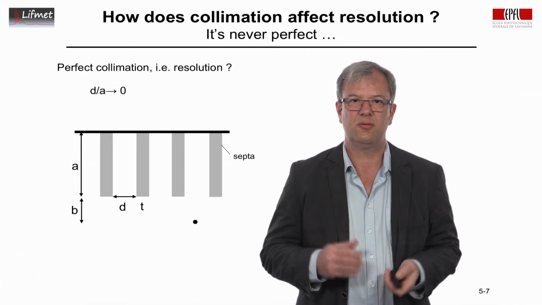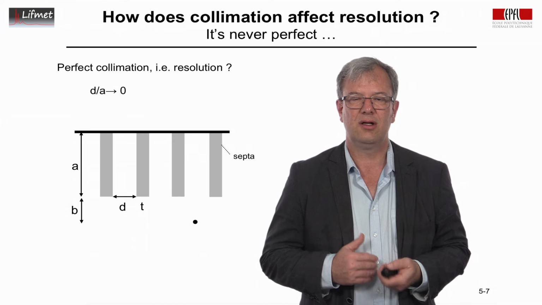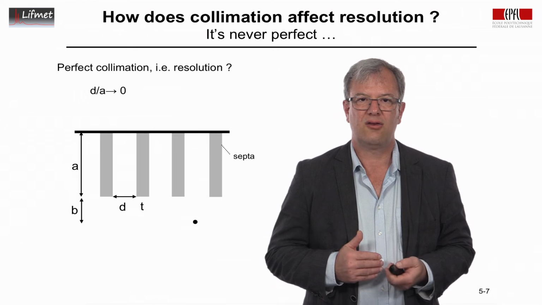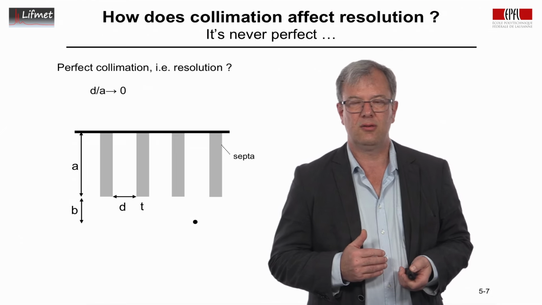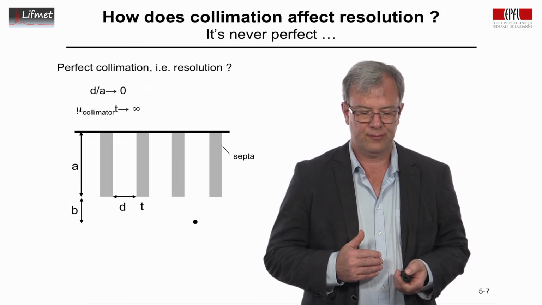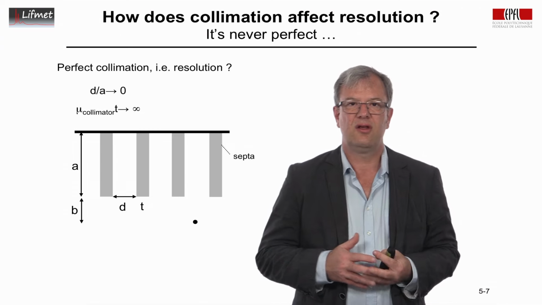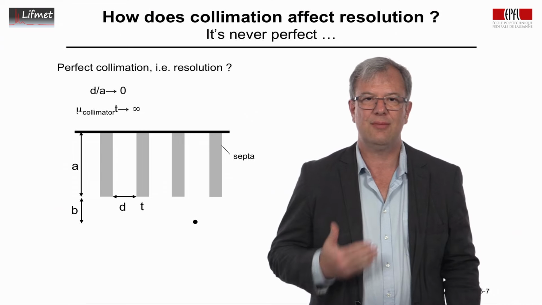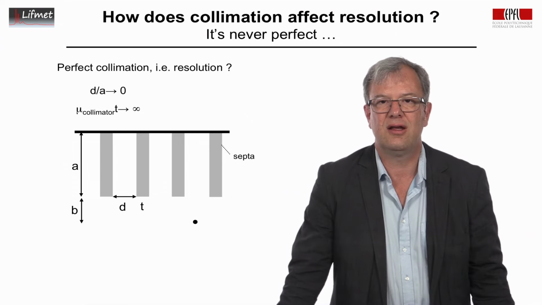So closely spaced, very long septa will provide us with essentially only X-rays that are perfectly perpendicular to the scanner camera. The second condition is that the linear attenuation coefficient of the collimator times its thickness goes towards infinity.